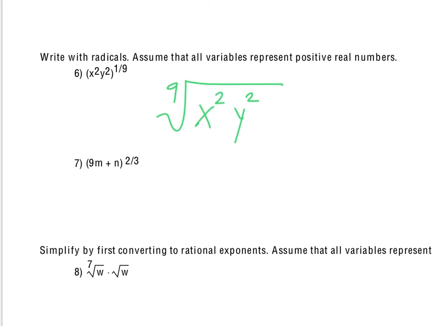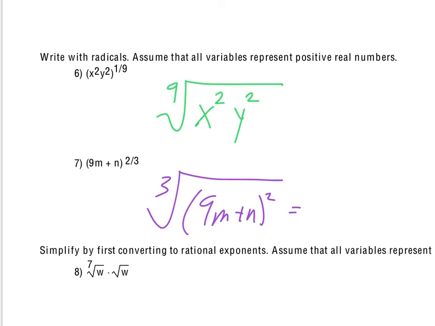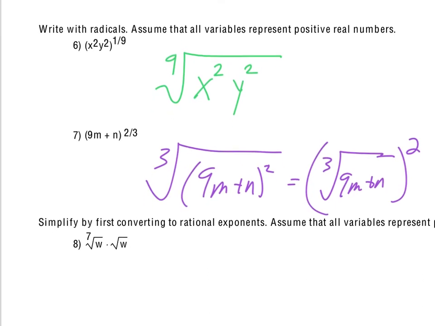So it's to the 2/3 power, so it would be a 3rd root or cube root of 9m plus n squared. Now you can write it like I have with the squaring inside the radical, but still needing parentheses around the 9m plus n, or you could do the cube root of 9m plus n, put that in parentheses, and then square the whole thing. So 2 ways to write that.